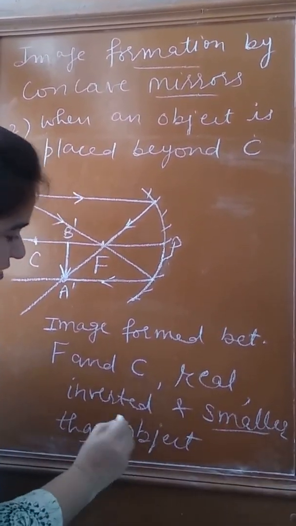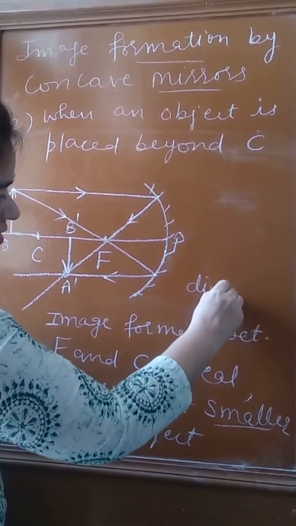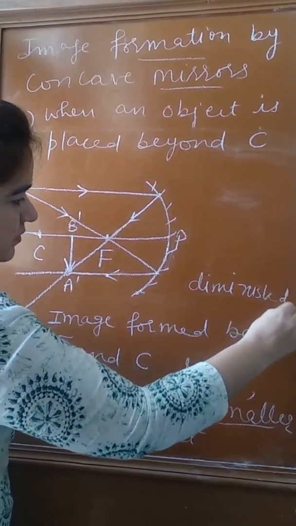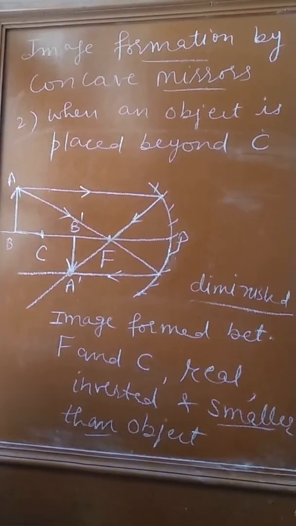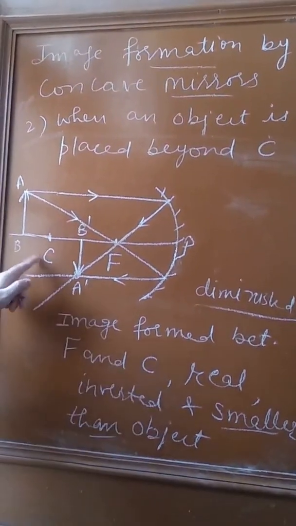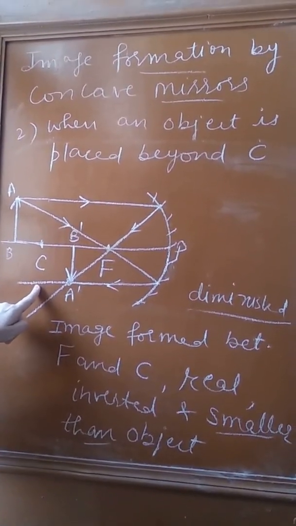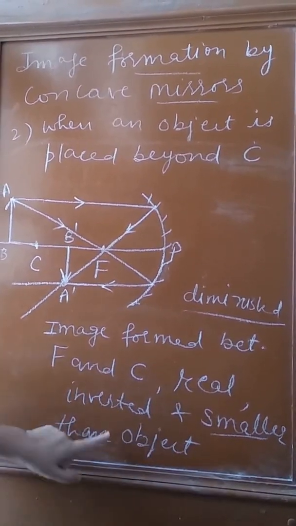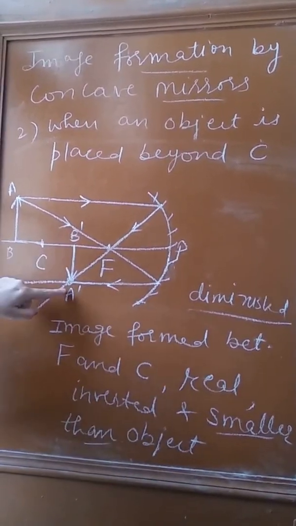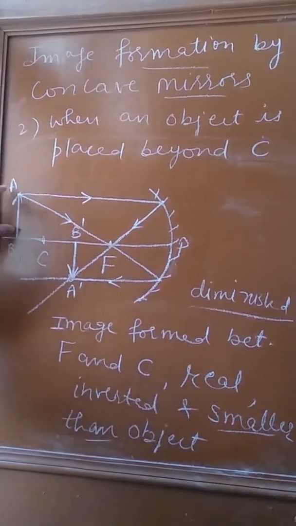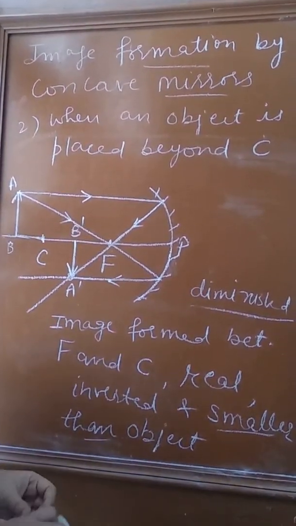Smaller in size means diminished image. We can say a diminished image is formed. When the object is placed beyond C, the image is formed between focus and center of curvature. The image formed is real, inverted, below principal axis, and smaller in size than the object.